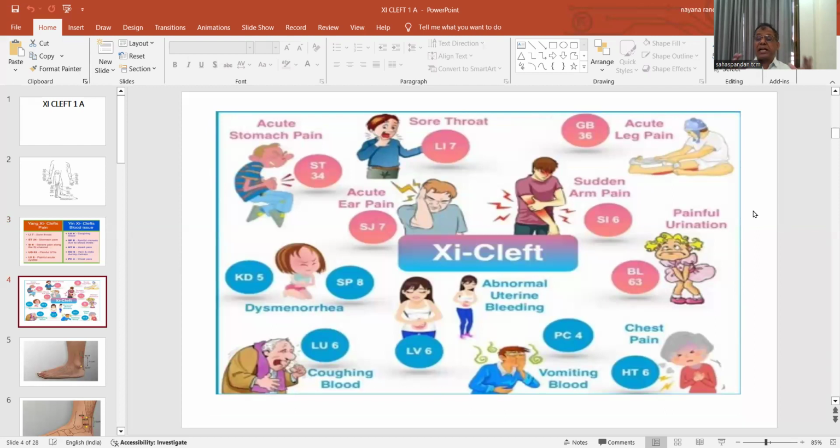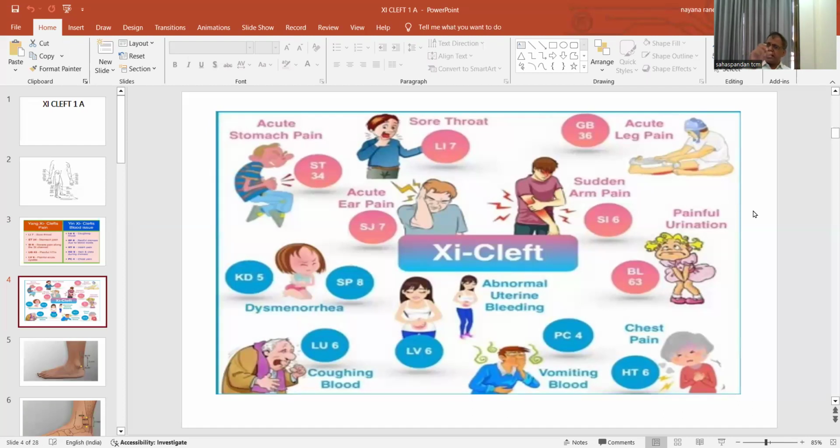See, there are points where the chi of the channel gathers and are used mostly in acute patterns, especially when there is a pain. So they are primarily indicated for channel problems and are mostly used for excess patterns.